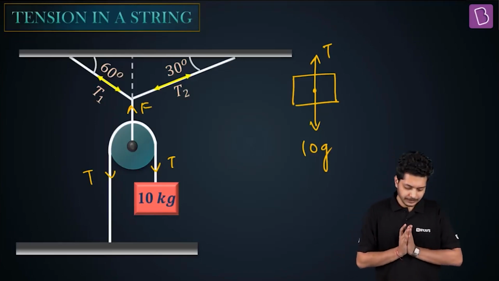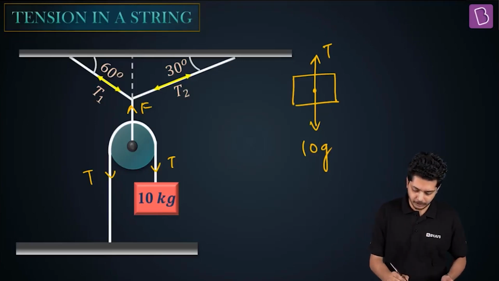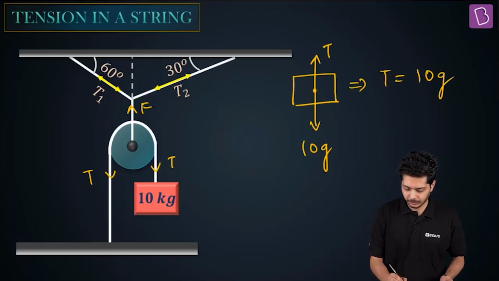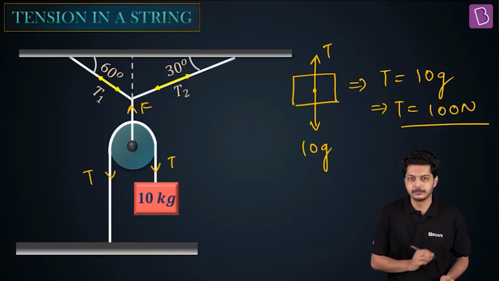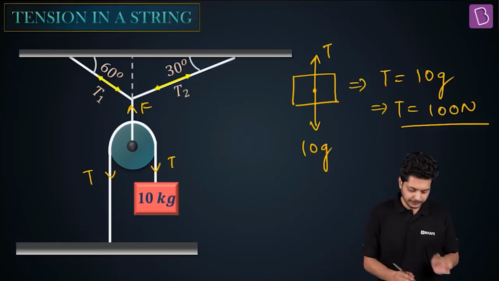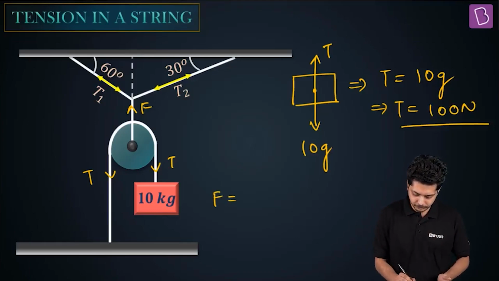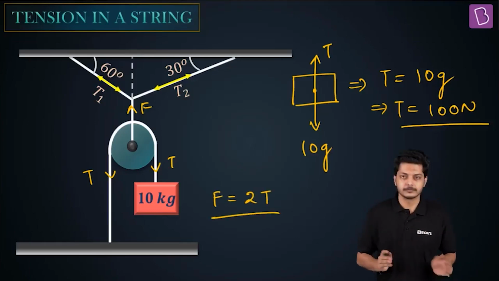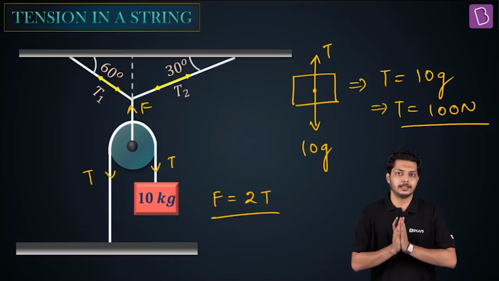Okay. Now, for the block, we can say that T is equal to 10 g, or T is equal to 100 Newton. Correct? Value of tension we have got. Now, for the pulley, we can say F is equal to 2T. Right? We are just balancing the forces.